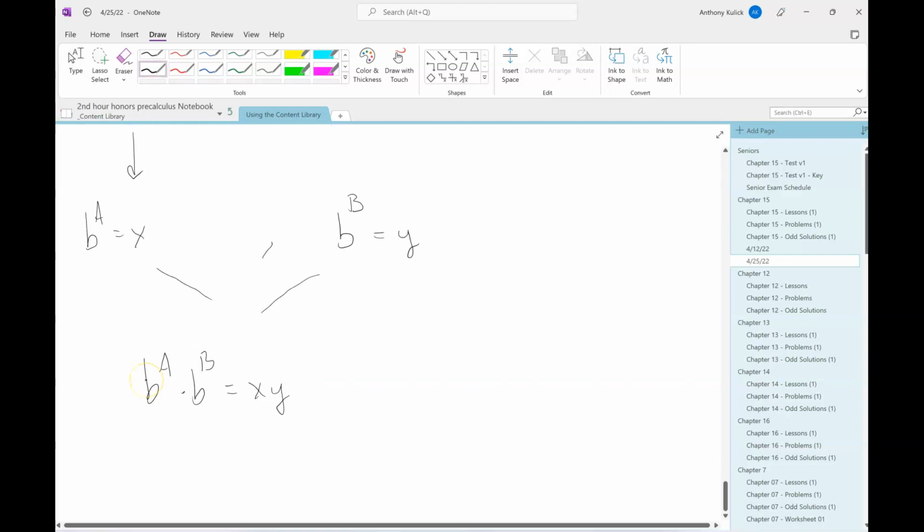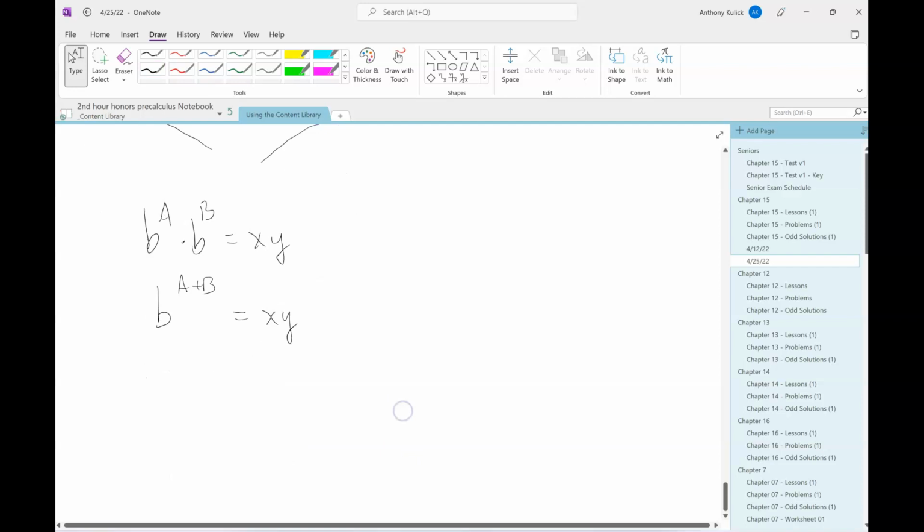What's b to the a times b to the b give me? Yep. And then I'll just take log base b of both sides.